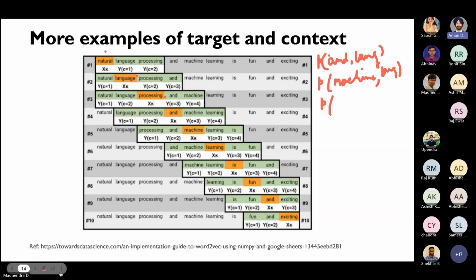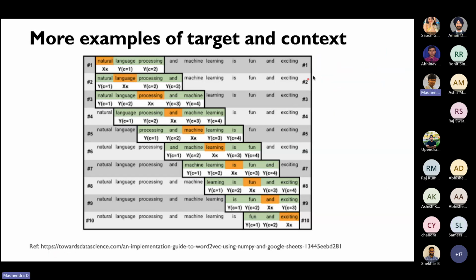Because processing is the center word right now. You're right, yeah. So the probability of and given processing, then the probability of machine given processing. Now these two are taken care of.